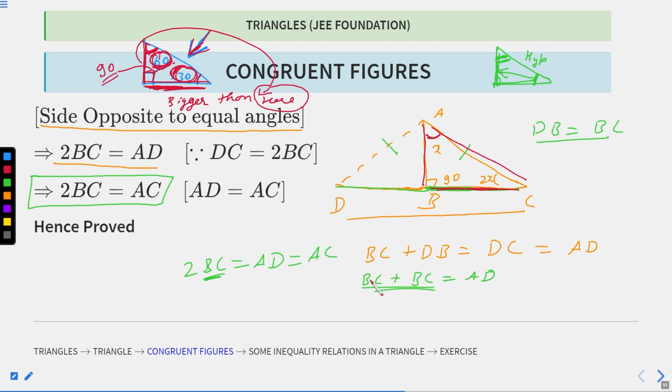So BC is my smallest, and twice BC, which is AC, my hypotenuse, is double the smallest side. I hope this was clear.